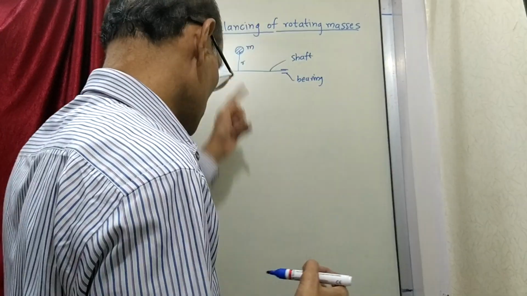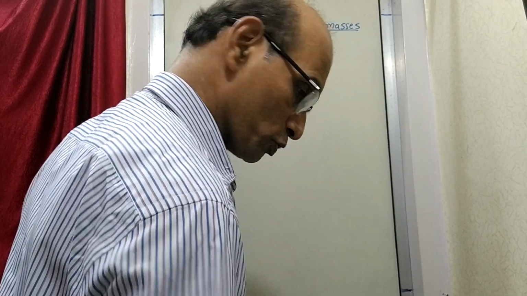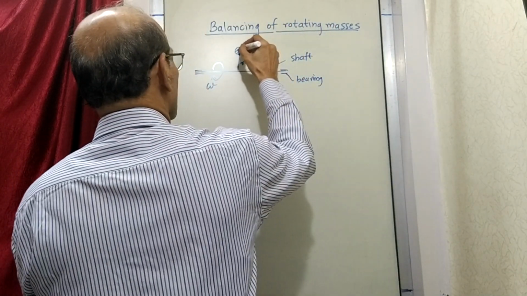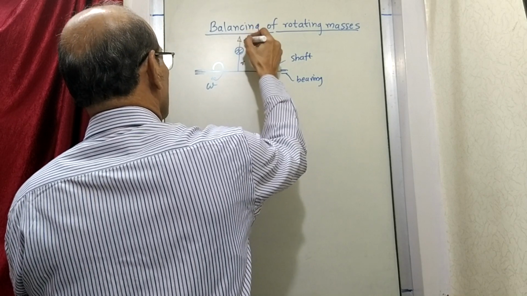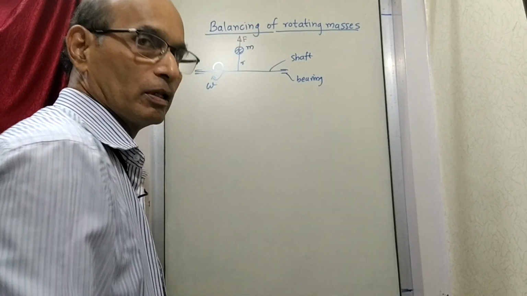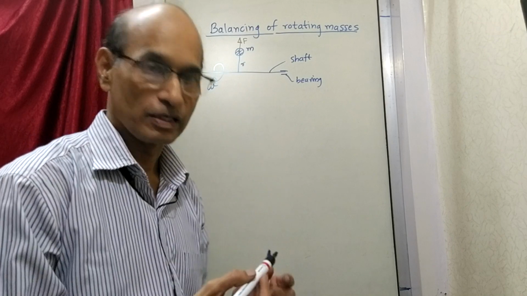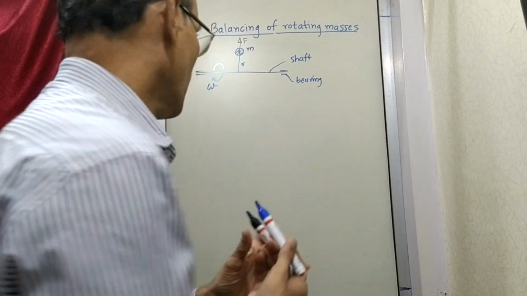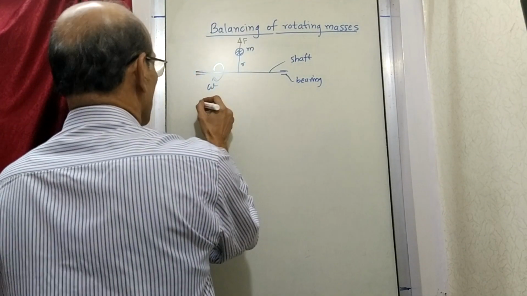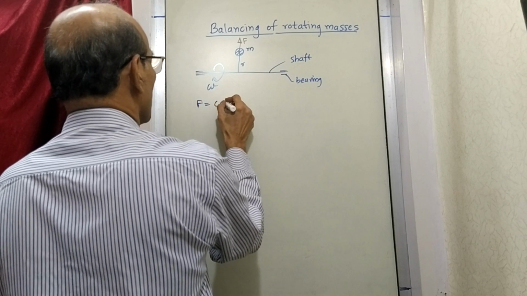So here, this particular case shows that when the mass is rotating, there is a force F which is going to act on the mass in the direction away from the axis, and this F is called the centrifugal force.